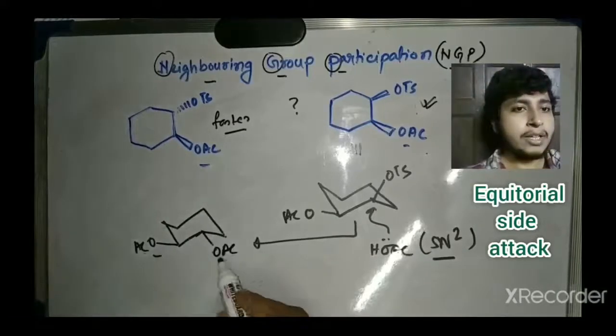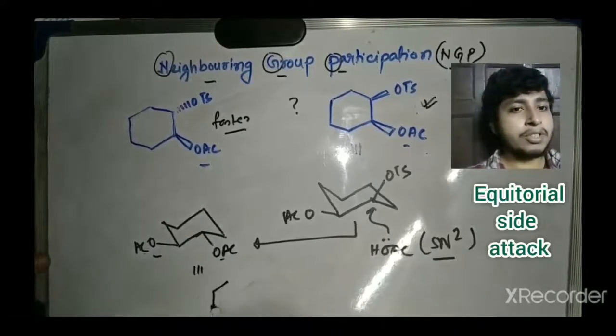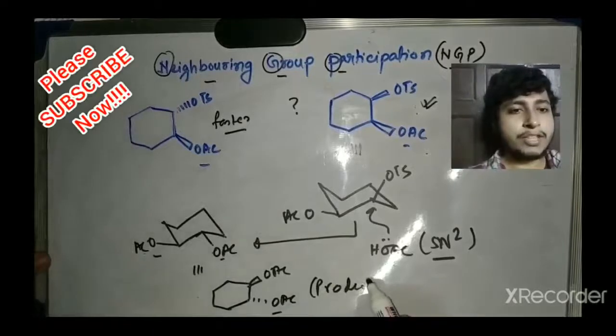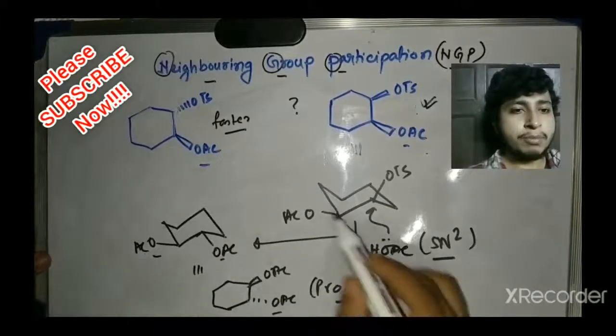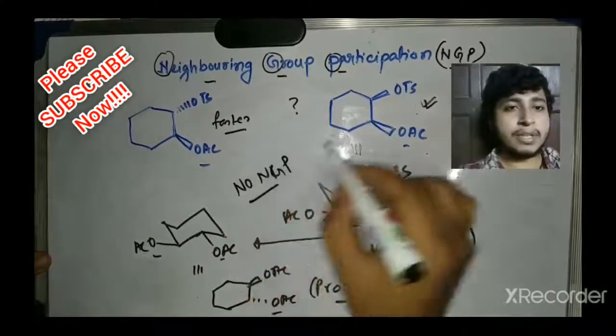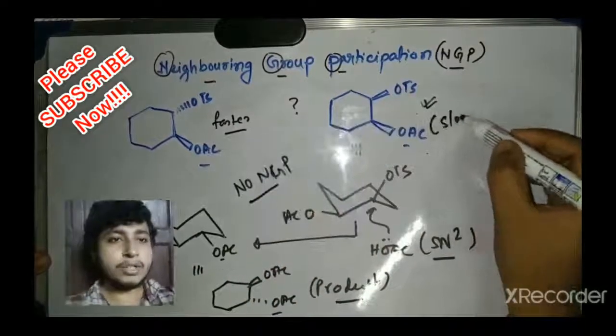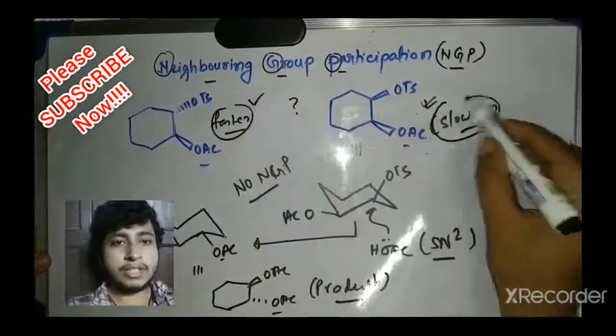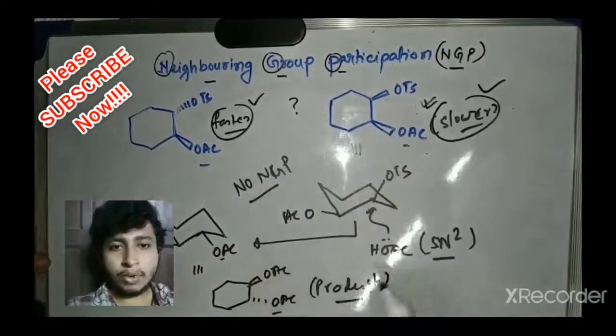As the OTs is in the axial position, the HOAc will attack from the equatorial side, so it will go to the equatorial position, with one OAc above and one OAc below, so we will get the trans product. So in both cases we will get the same product, but in this case no NGP takes place, so it is a slower reaction, and this is a faster reaction. Therefore NGP is always faster than the non-NGP step.